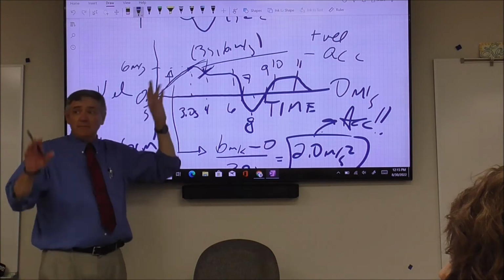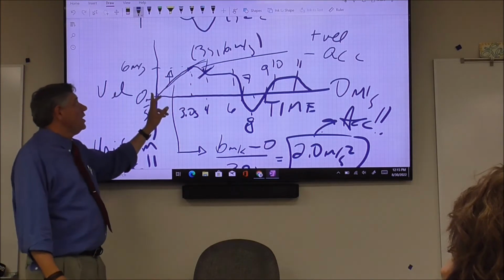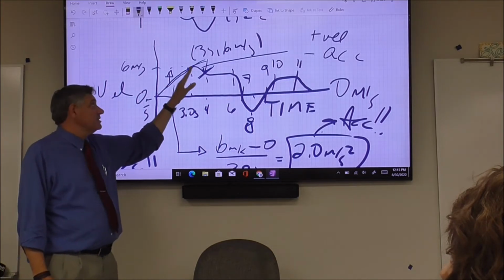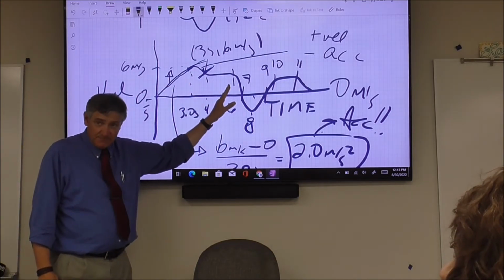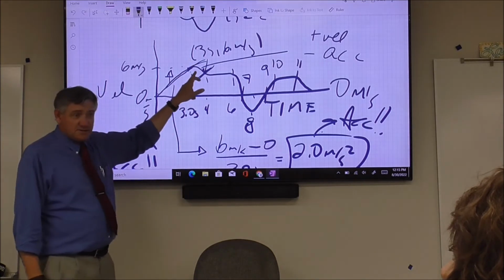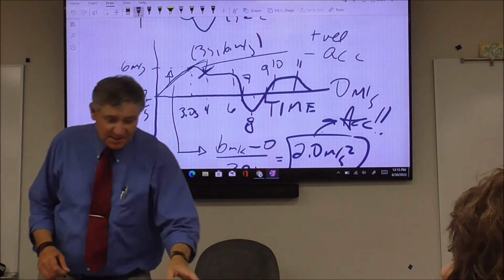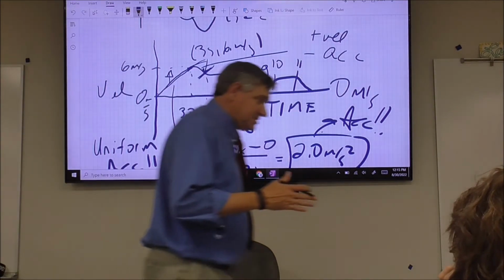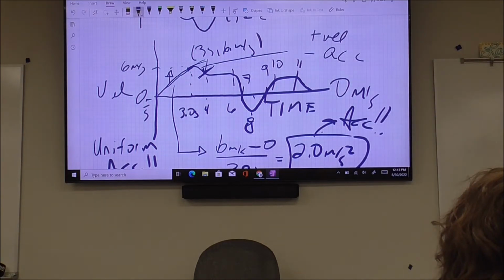Now here's the most common misconception. Kids look at this and go, oh, I changed direction because I went from positive acceleration to negative acceleration. Okay, and they think this is a direction change. This is not a direction change. The only thing that happened is, if I'm going to act this out, I started at rest, I'm going to get up to 6 meters per second, and then I'm going to slow down a little bit.